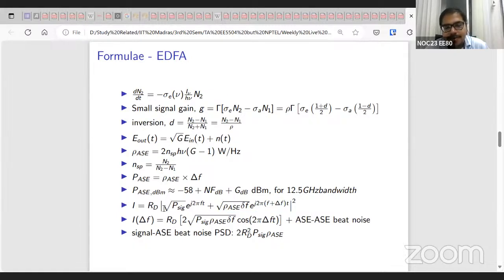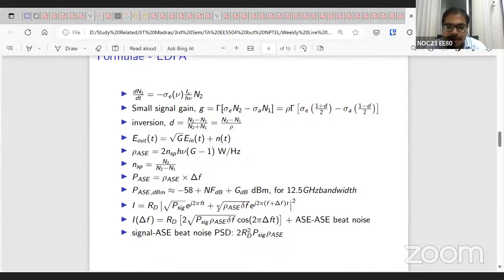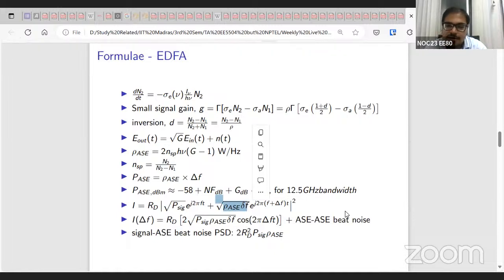So you will have this signal square term, which is the desired term. Then one noise term will be signal beaten with the ASE component. That is the signal-ASE beat noise. And another component will be ASE-ASE beat noise that we ignore because we expect this ASE noise to be low.